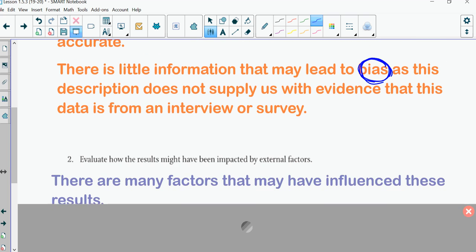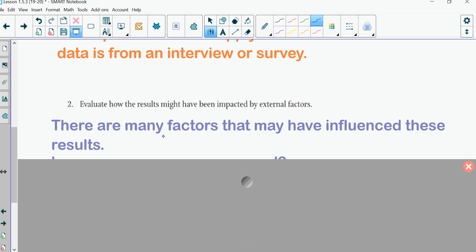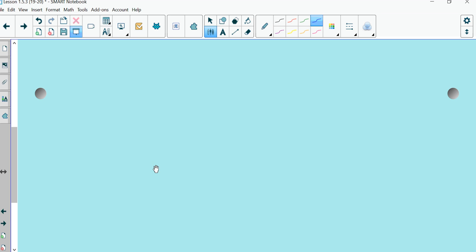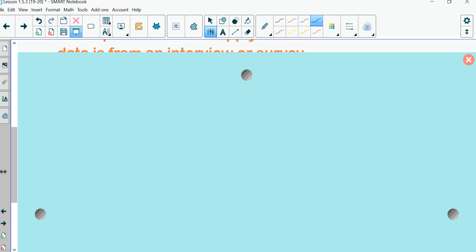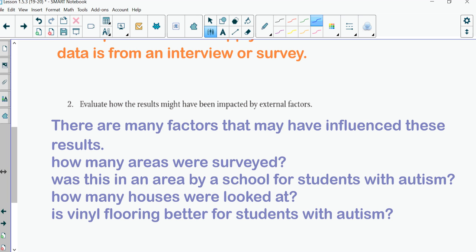Number 2 says evaluate how the results might have been impacted by external factors. Meaning, just because kids are twice as likely to get autism, it doesn't necessarily have to do with the vinyl flooring. What other factors could play into that? There are many factors that may have influenced these results. One of them is how many areas were surveyed, like areas of homes, or regions across the country.